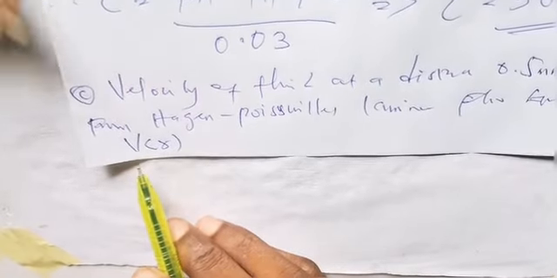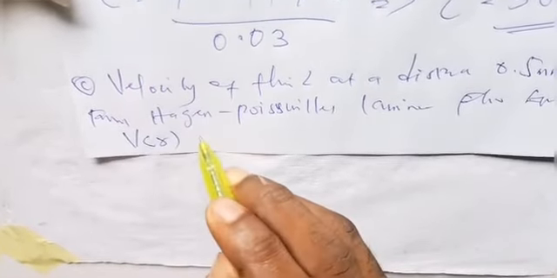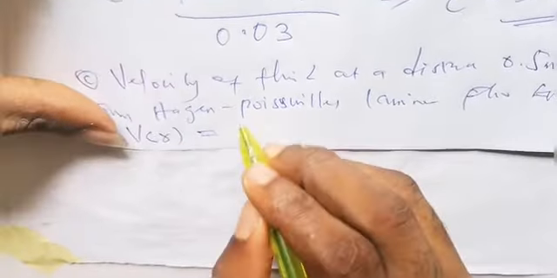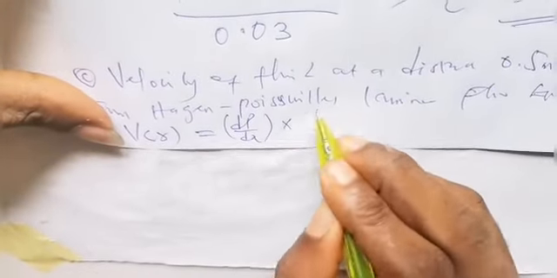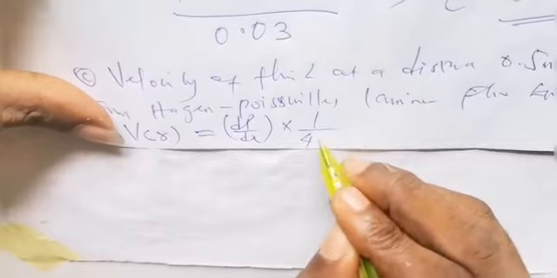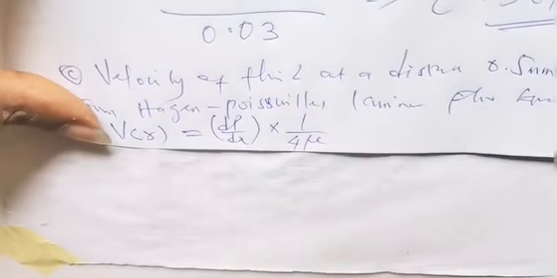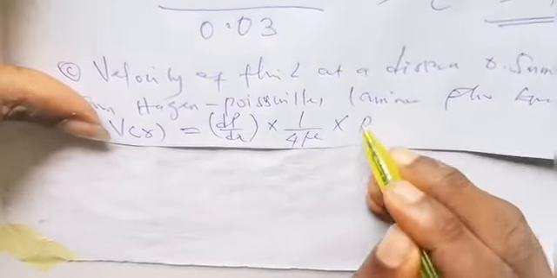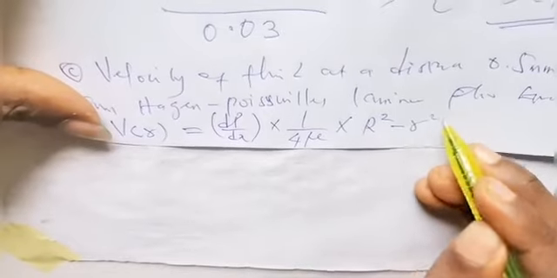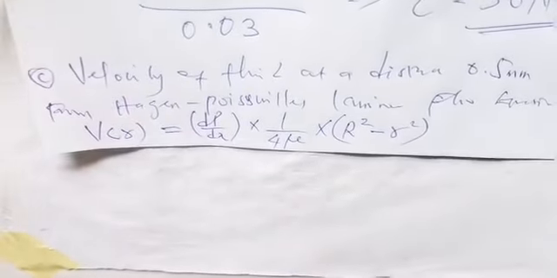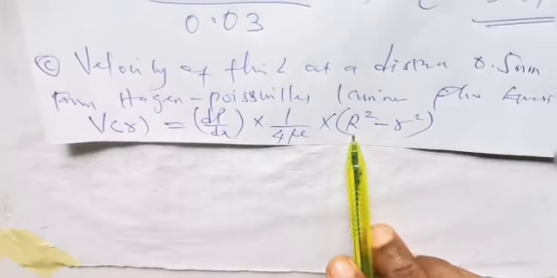So from the Hagen-Poiseuille equation, V(r), or velocity at a distance, is simply equal to dp/dx, the pressure gradient, multiplied by 1 over 4 times dynamic viscosity mu, multiplied by R squared minus r squared.